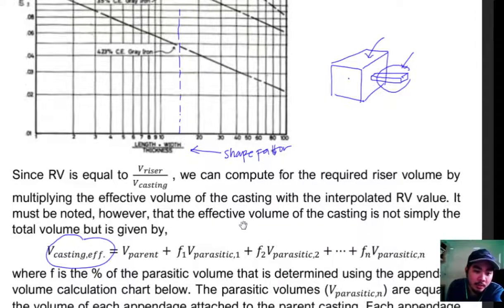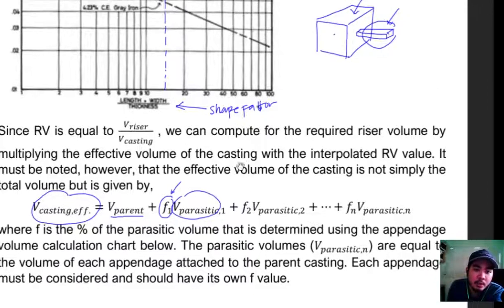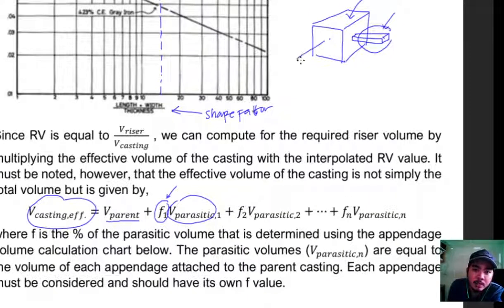Okay, so the formula becomes the volume of the parent plus a percent parasitic volume factor. We call this the F value lang, no? Multiplied by the volume of the parasite. Okay, so if you have multiple parasites, for example, if you have kunwari isa pang parasite dito, then you'll have another F value multiplied by the volume of this parasite.